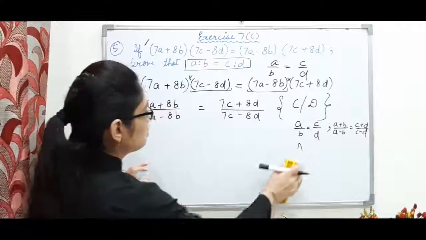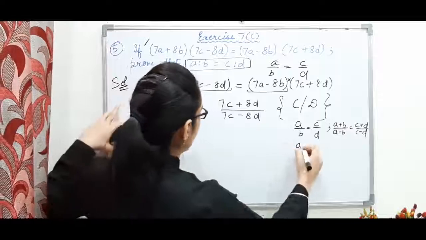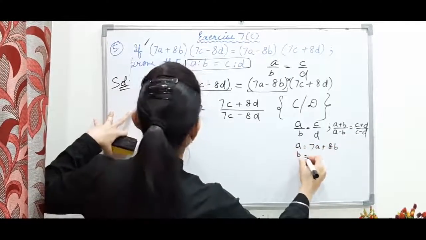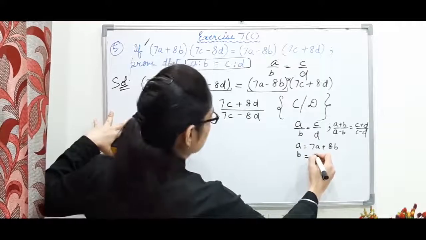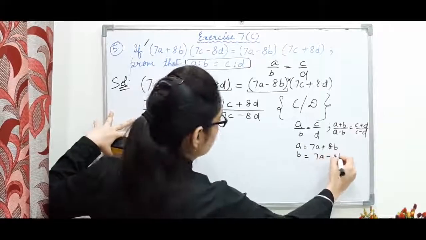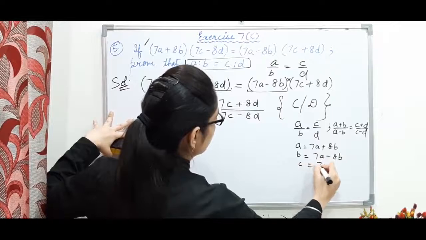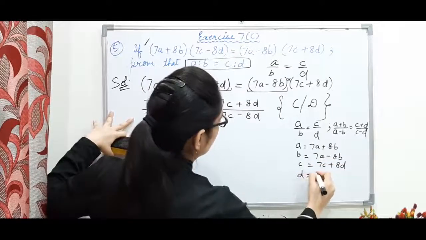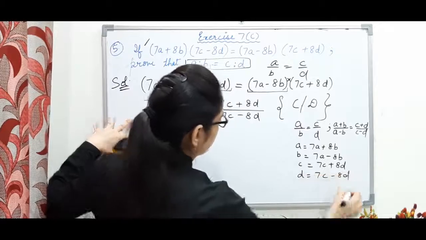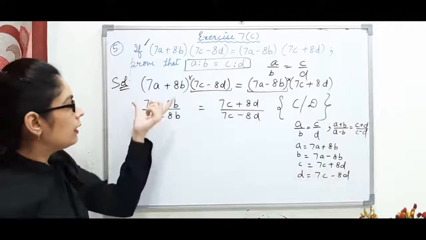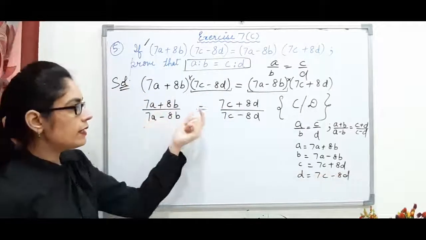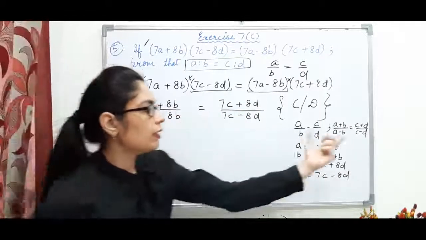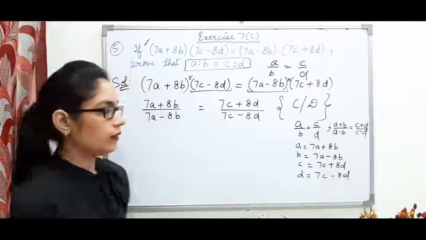A is equal to 7a + 8b, B is equal to 7a - 8b, C is equal to 7c + 8d, and D is equal to 7c - 8d. See, A by B is equal to C by D. If this is there, then we can apply componendo and dividendo.